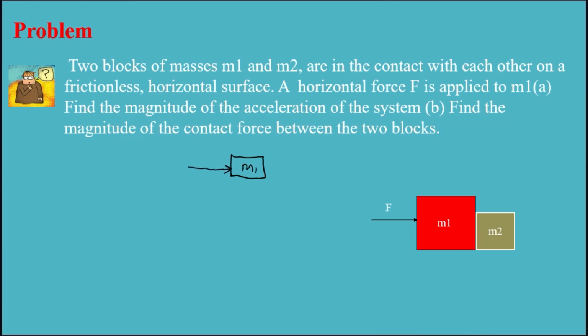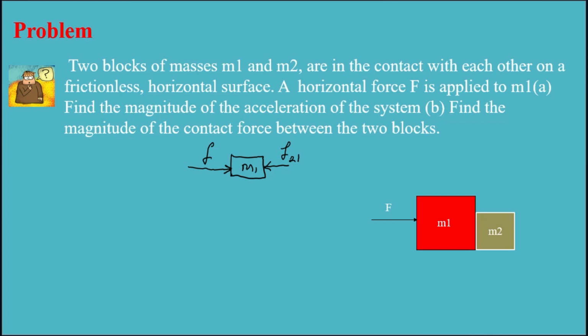Force F is applied to m1, and m2 also applies another force to m1, in the opposite direction. I'm going to call it F21, the force that block 2 applies to block 1.